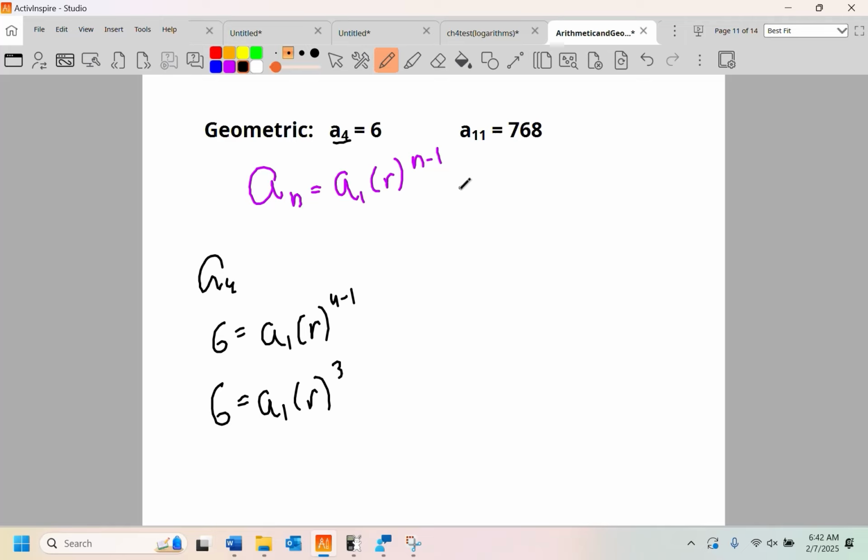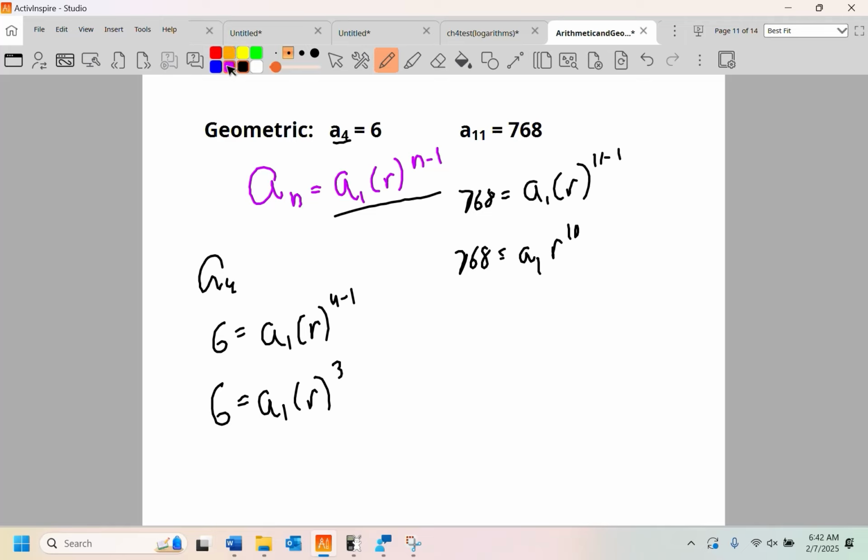I'm going to do the same thing for a sub 11. It is 768, and it must be the first term times r to the 11 minus 1, because I'm plugging into that formula. That's all we do constantly, is find a formula and feed the formula and work our way out of the formula. So 768 must equal a sub 1 times r to the 10th.